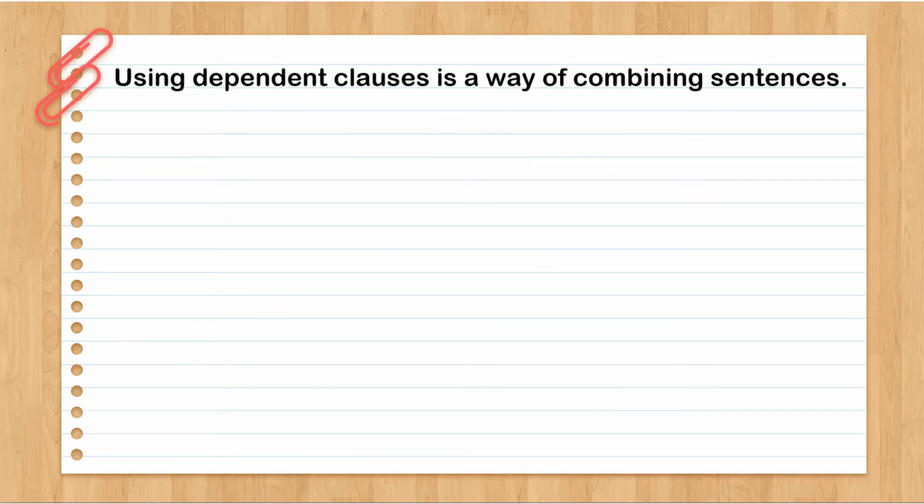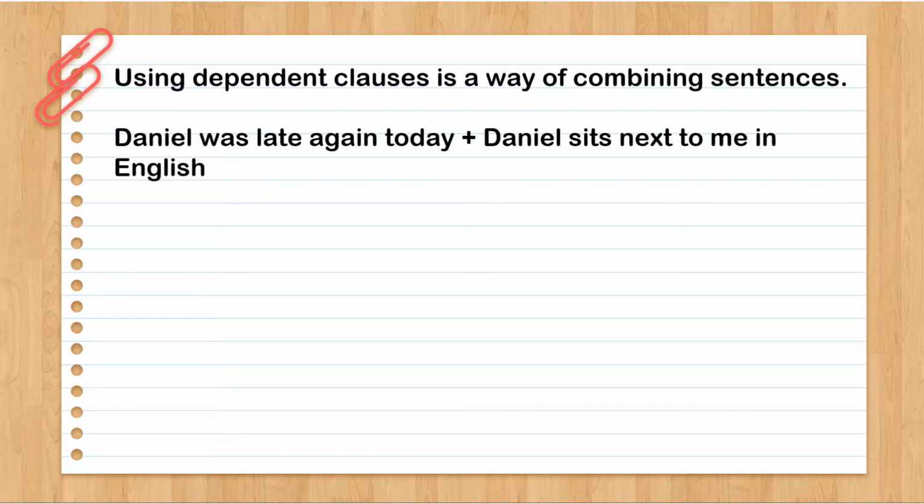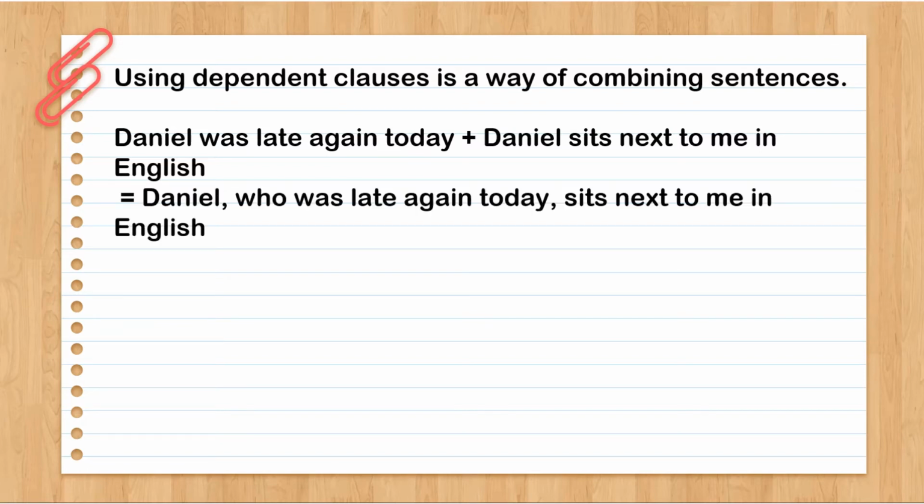Using dependent clauses is a way of combining sentences. For example, if you have "Daniel was late again today", you can use an adjective clause that modifies the subject in "Daniel sits next to me in English". So, with an adjective clause, you're going to have: Daniel, who was late again today, sits next to me in English.